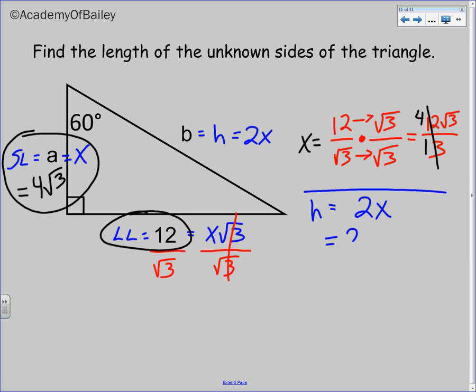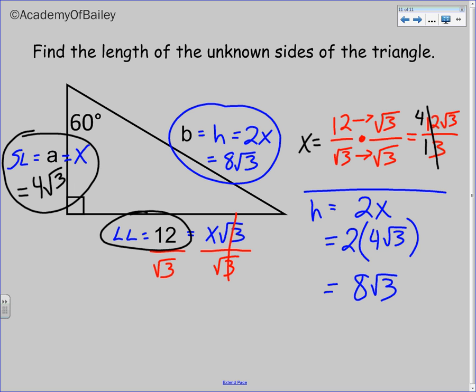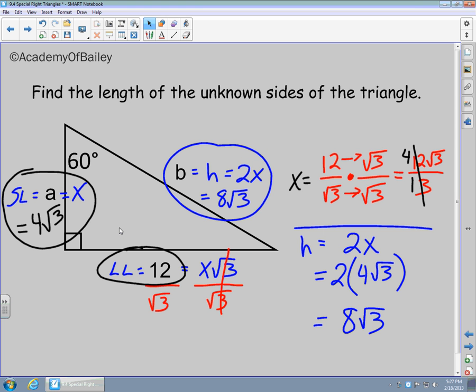And in this case, it is 2 times 4 times the square root of 3. 2 times 4 is 8. And then the square root of 3. That's the hypotenuse. Special right triangles. Memorize your theorems, and that'll help you out along the way.